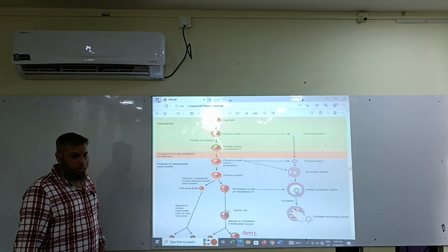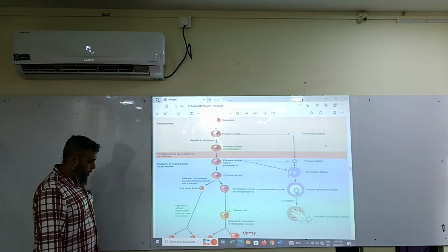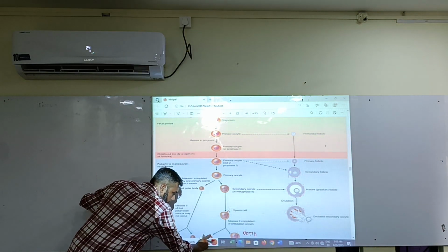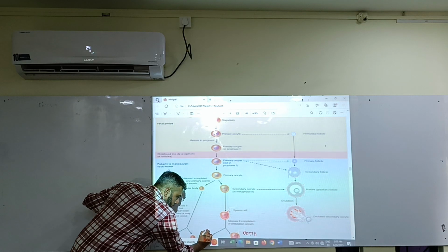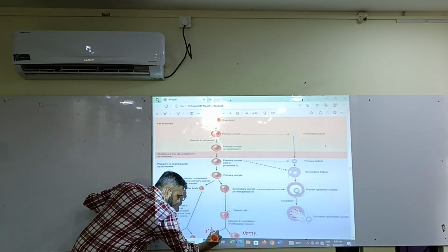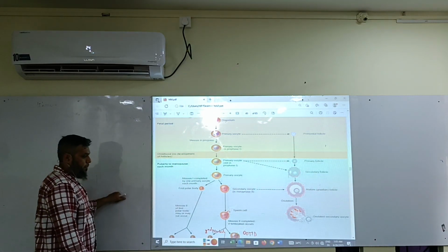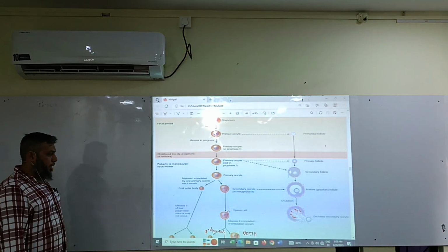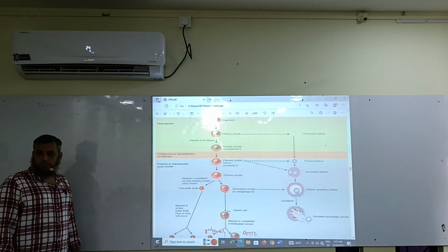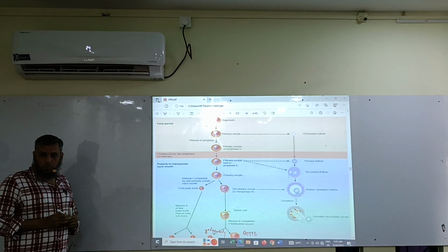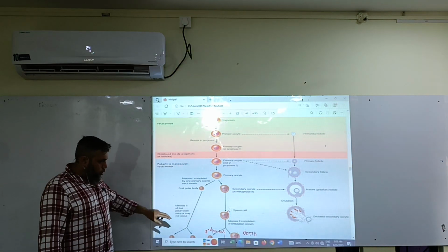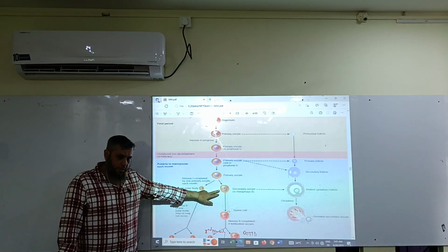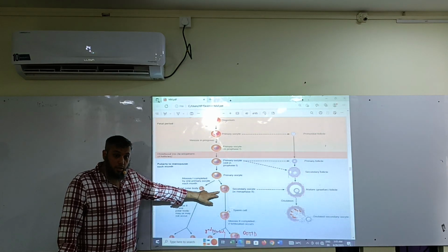What do you call it? Ootid. And this will result in the formation of the second polar body. I hope you got my point, everybody. So what happens to the secondary oocyte? It is arrested in metaphase 2 of meiosis 2.